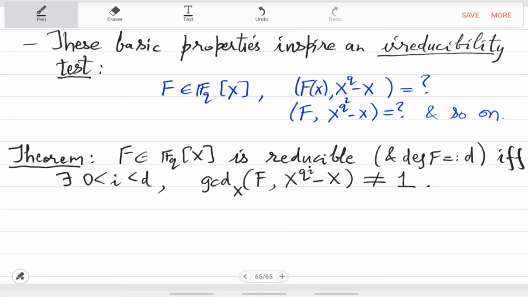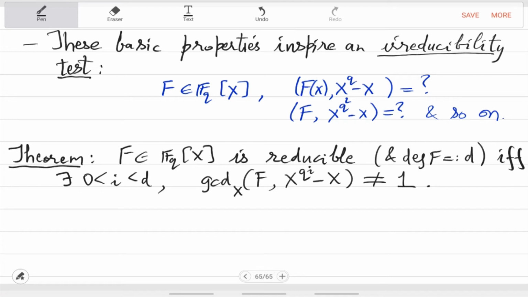So, we will prove this theorem. It has an elementary proof, but once you have the proof, how can you use this in an algorithm? How will you compute this GCD? In how much time? I log q for every i? The degree of this is q to the i.